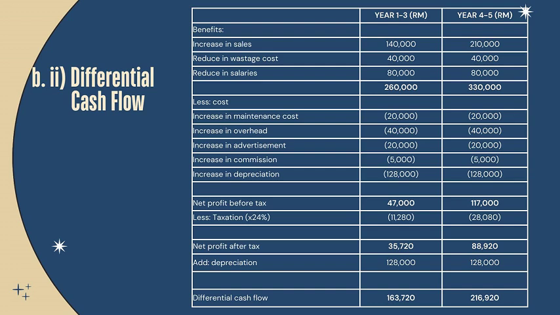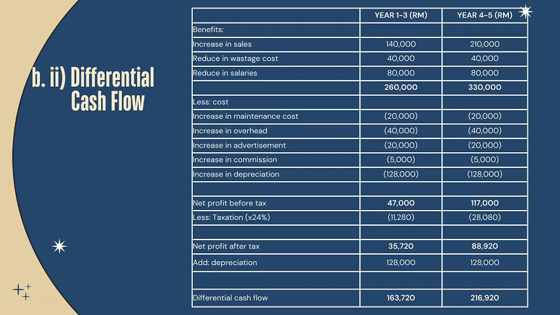At 24%, we set aside 11,280 ringgit for year 1 until 3 and 28,080 ringgit for year 4 until 5. It stings, but hey, it's part of the game. But don't worry, guys, we are still winning. After tax, we are left with 35,720 ringgit for year 1 until 3 and a fantastic 88,920 ringgit for year 4 until 5.